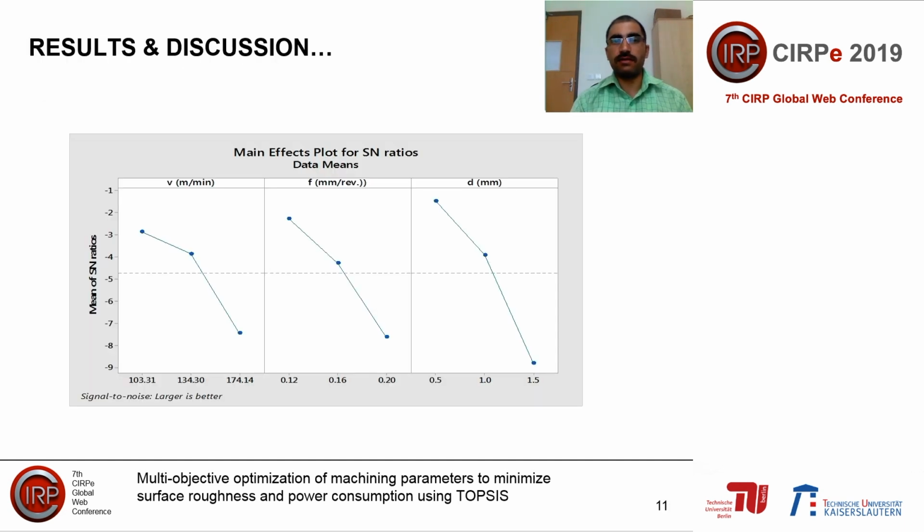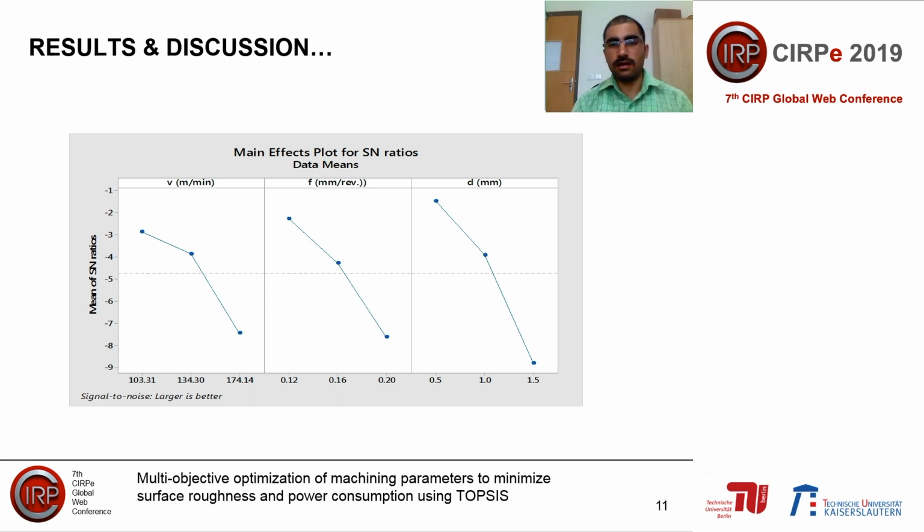So this is the main effect plot for the SN ratio, which is prepared in the Minitab 2018 software, and according to Taguchi, the highest SN ratio for the level of a particular input process parameter represents the optimal level of that parameter. In case of cutting speed, level 1, which is 103.31 meters per minute, has the highest SN ratio, so this is the optimal level of the cutting speed.